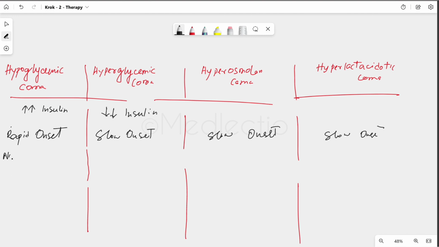Here breathing is normal or shallow, and the skin is pale and sweating and moist.